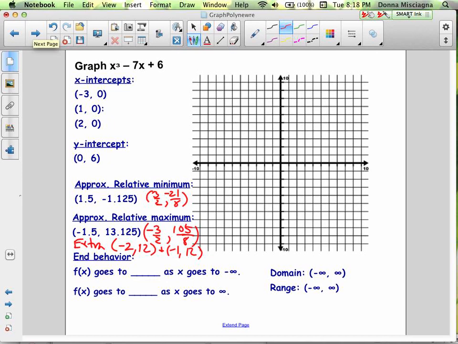So we have lots of points here. Negative 3, 0, 1, 0, 2, 0, 1.5, and that's negative 1.25. So right about there, it's negative 1.125. Which negative 21/8 is not right. Did I write down the wrong value from the other side, or did I just add it up wrong?